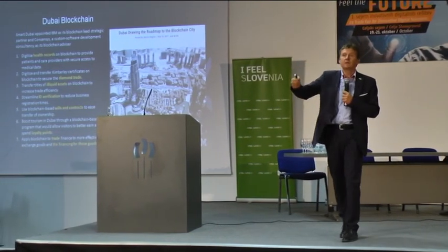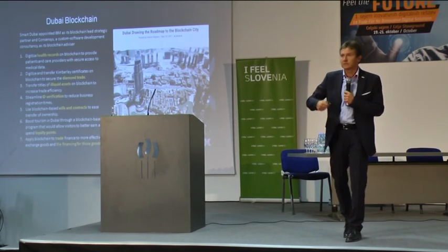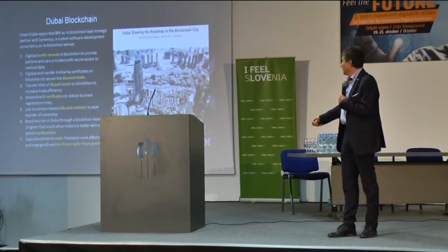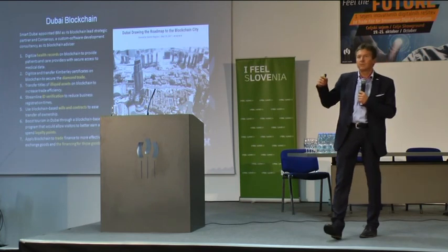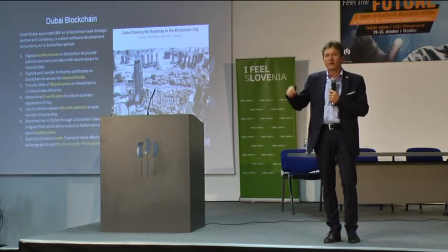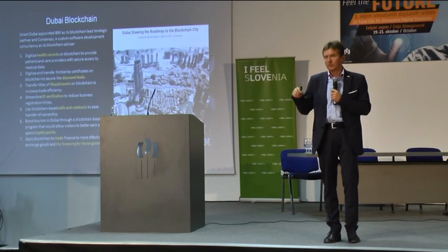So you will have a loyalty card going around the stores and you'll collect loyalty points. They will also force all of the companies trading in Dubai to trade through the Dubai blockchain, and the businesses will be automatically financed with Dubai banks. This is what is going on in the Sheikh's land.